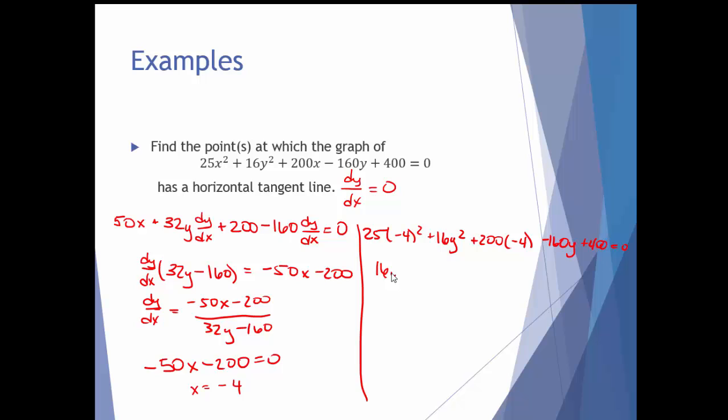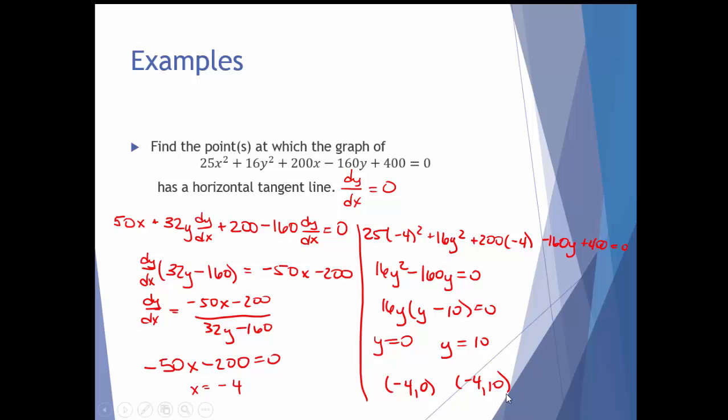So we get 16y squared minus 160y equals 0. If we factor out the 16y, we then get y times y minus 10 equals 0. So that tells me that y equals 0 and y equals 10. So my two ordered pairs are going to be negative 4, 0 and negative 4, 10. Those are the 2 points on this graph that should have a horizontal tangent line.